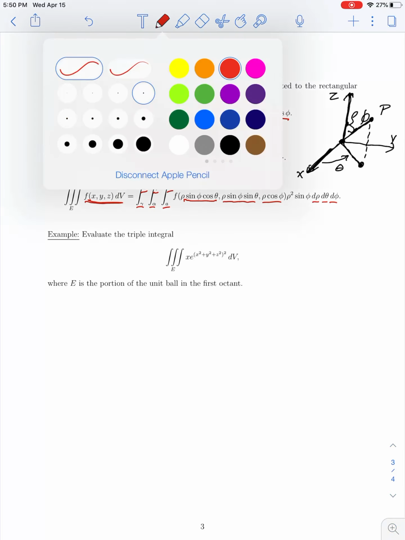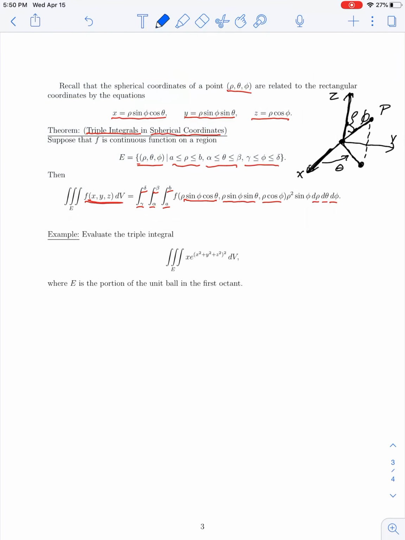Now notice that we pick up this extra factor of rho squared times sine of phi on the end. So the reason for this extra factor is that the volume of a solid rectangular region given in terms of the spherical coordinates would be rho squared sine phi times d rho d phi d theta.